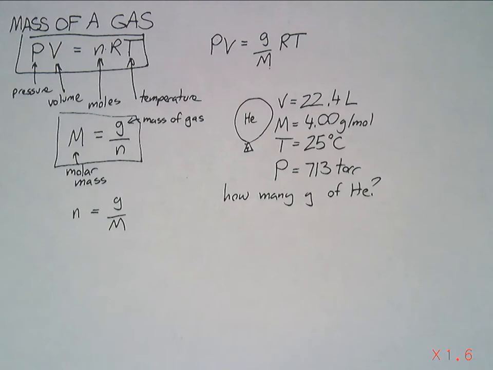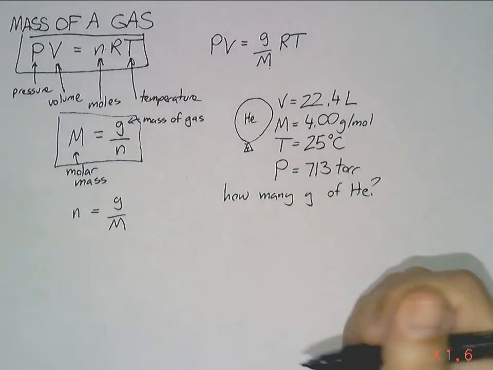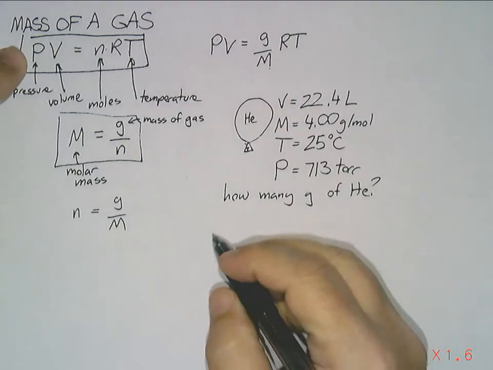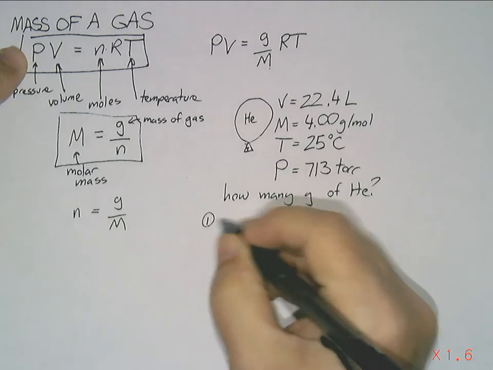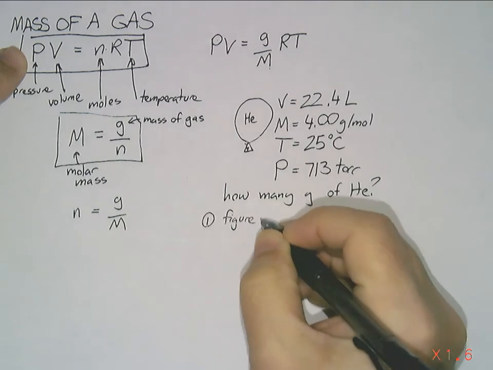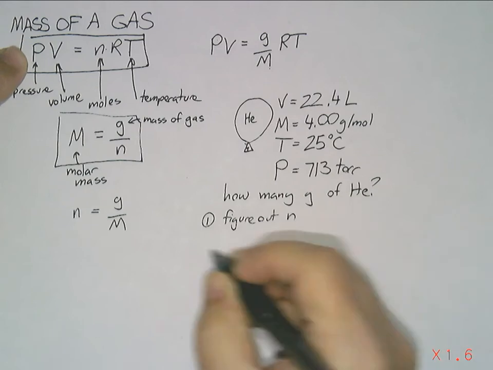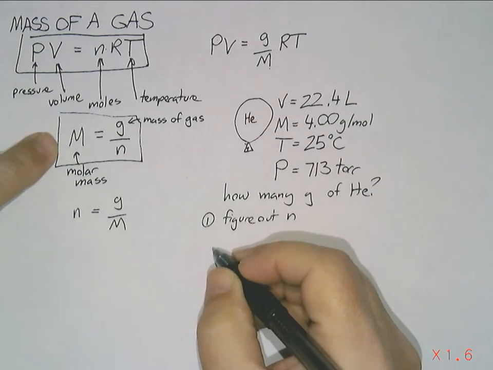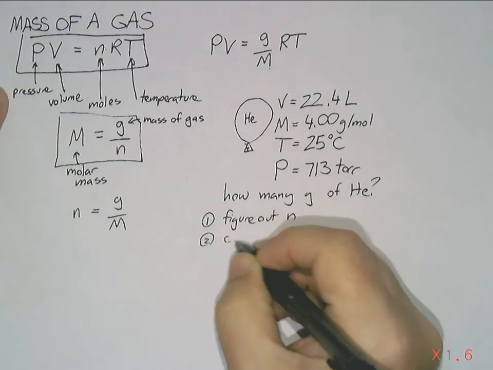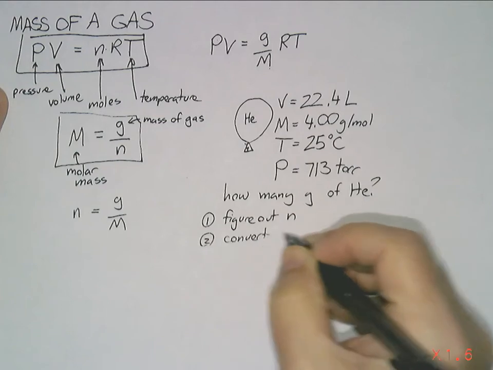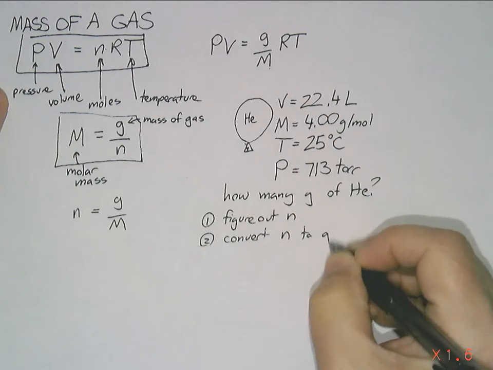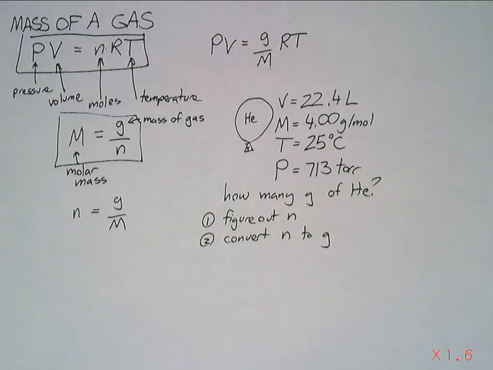Alright, there's two ways I can do this. One is I can do it in 2 steps. I can figure out how many moles, and then step 2 would be to convert moles to grams. That's actually the simplest way to do this.